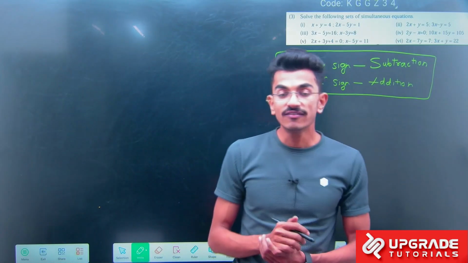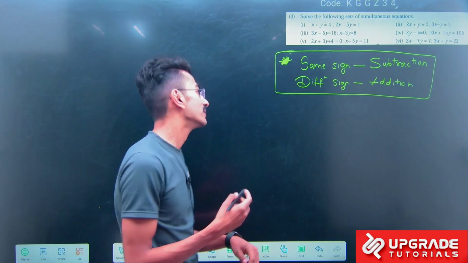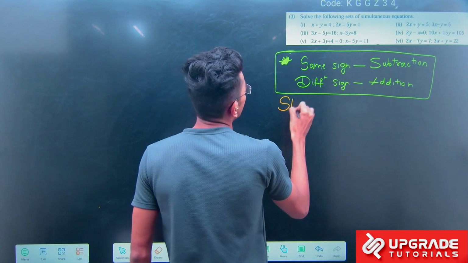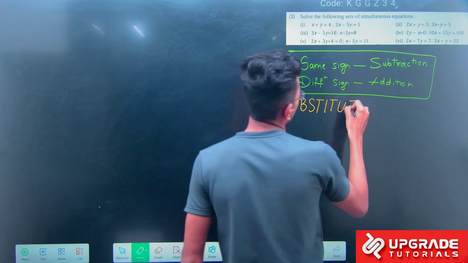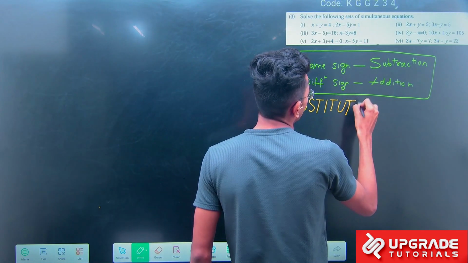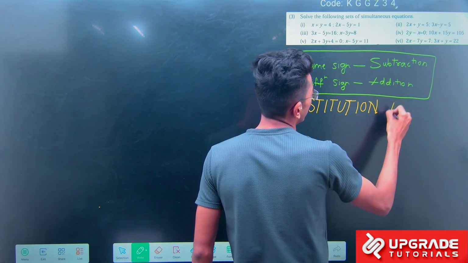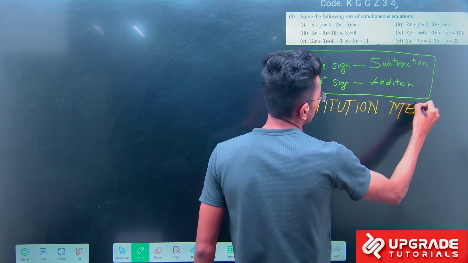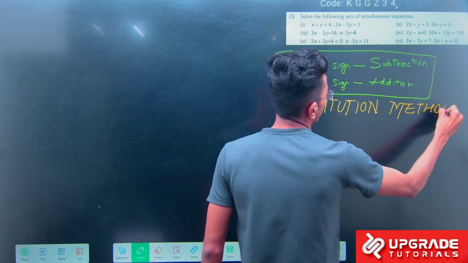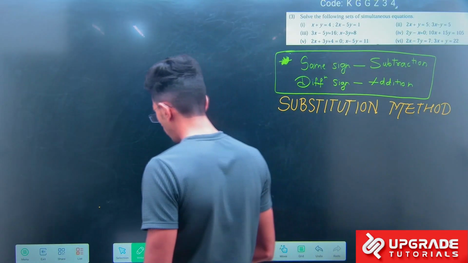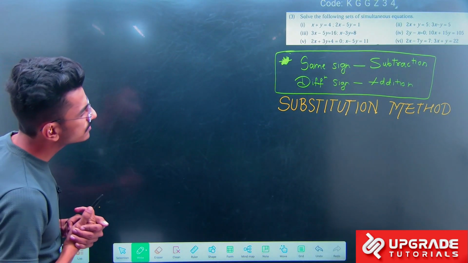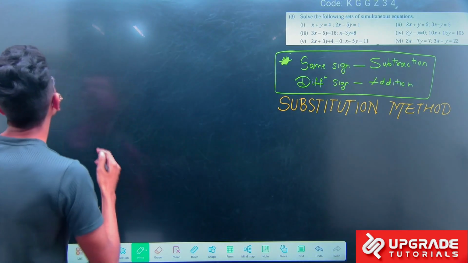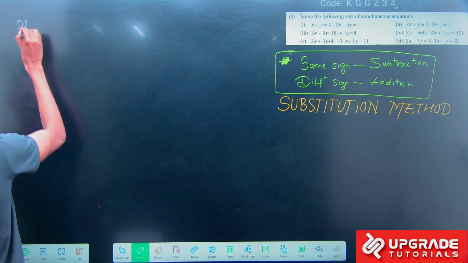So now let's solve our second question by the substitution method. So now what is the substitution method? In the substitution method, first let us write our question number second.